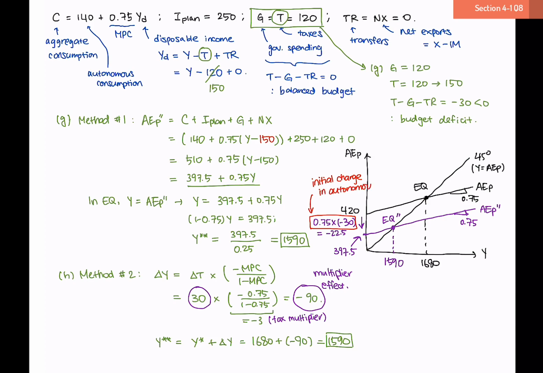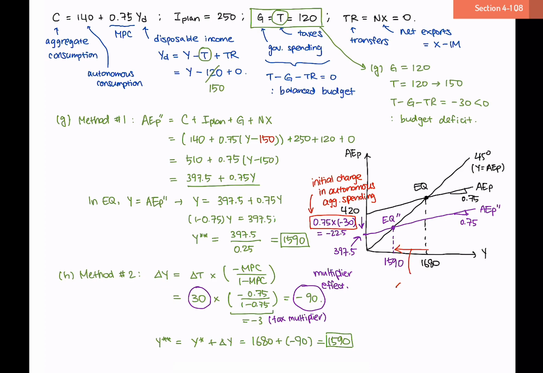This initial change in autonomous aggregate spending also goes through a spending multiplier, because if you spend 22.5 less, then someone's not getting that income of 22.5, so they're also going to reduce their spending.